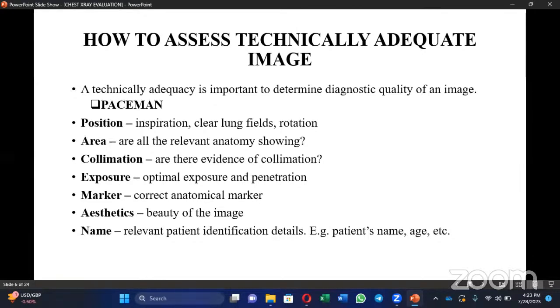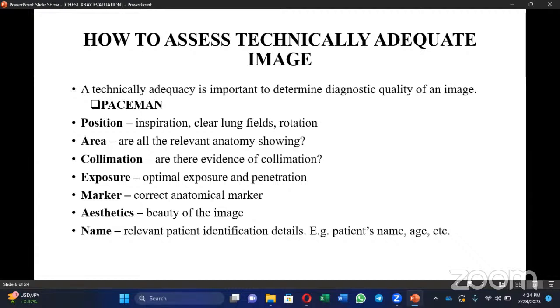You look at the technical adequacy of that image before you proceed with the systematic review or the pathology search. Okay, so with the technical adequacy, there are a lot of tools out there that will help you to assess the technical adequacy of every X-ray image, okay? But I chose the PACEMAN. The PACEMAN is kind of easier, and it is quite easy to memorize, okay?